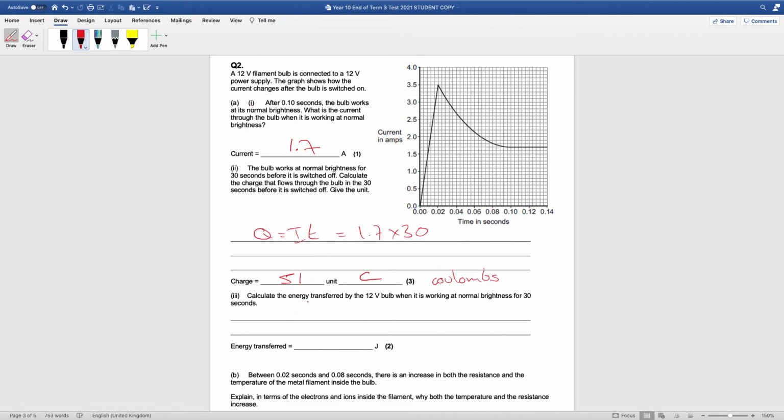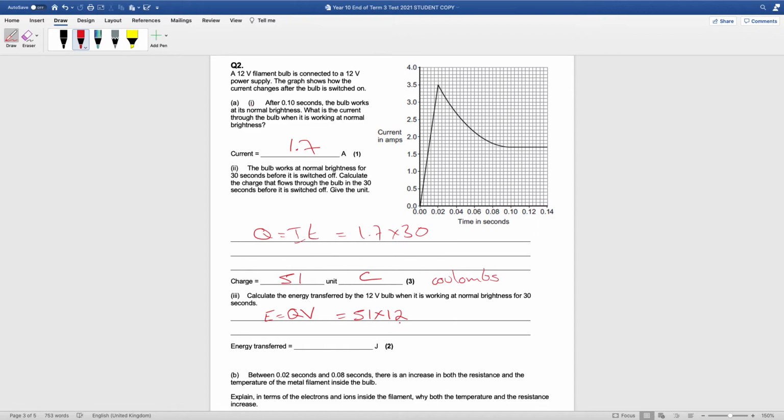Calculate the energy transferred by the 12-volt bulb when it's working at its normal brightness for 30 seconds. Well, your energy would be the charge times the potential difference. 51 coulombs pass in that 30 seconds, and 12 joules per coulomb of work was done.